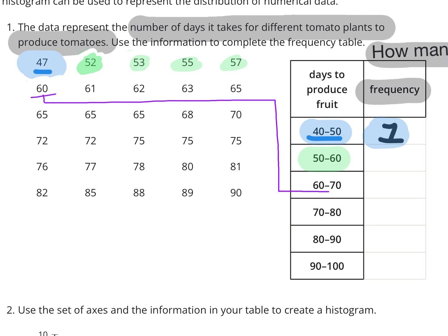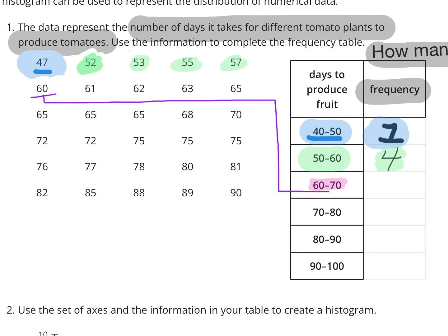I know that's confusing. Sometimes math certainly can be. That's why I'm warning you in advance. That 60 is not going to go here. So our frequency for this interval is 4, because we have 1, 2, 3, 4 numbers that fall within that interval.